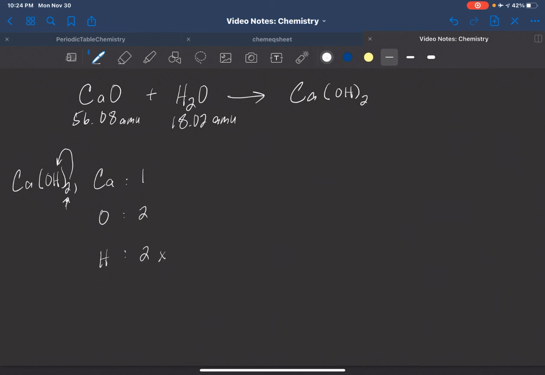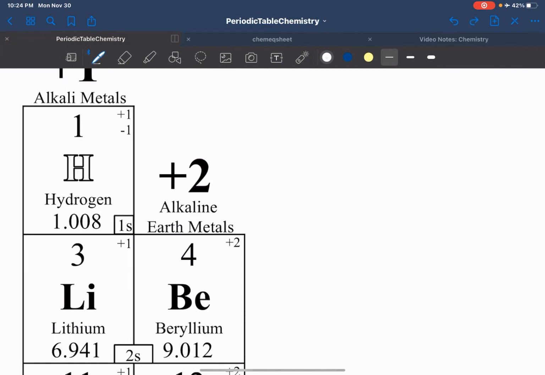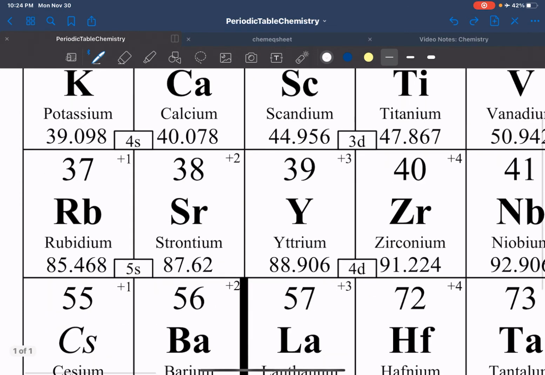Well, we just did this, so we know this is 1.01 AMU. We just did this one right here. We knew that was 16.00 AMU, correct? And calcium, in case we forgot, it should be 40.08 still.